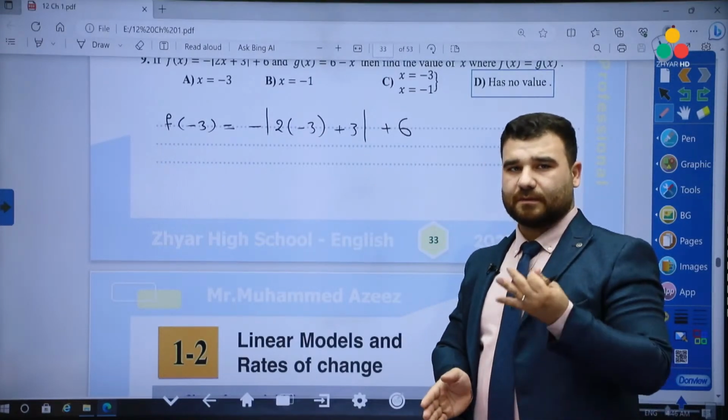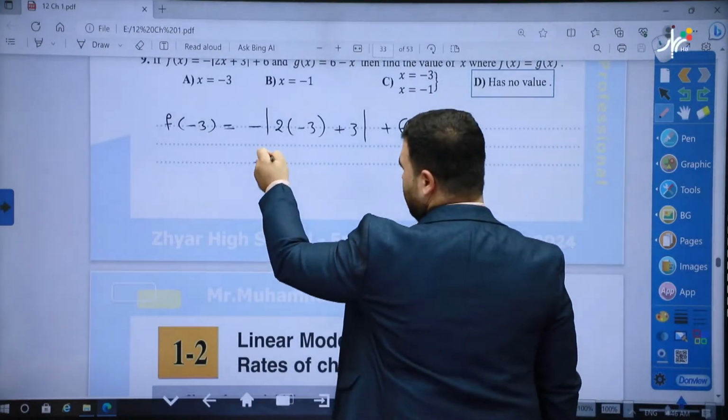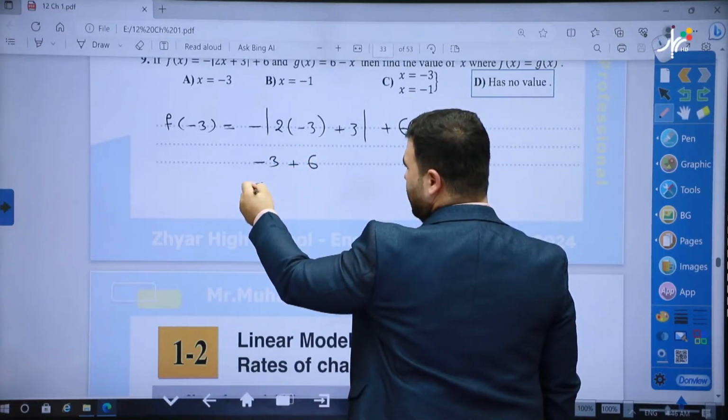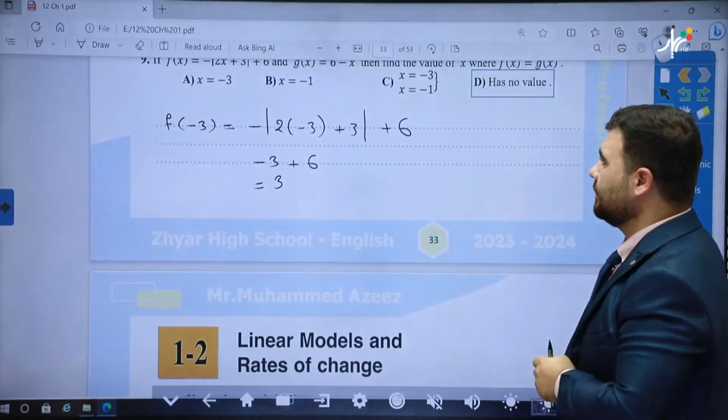Inside absolute value 3, with this negative, negative 3. Plus 6, that is 3. I got 3 for f of negative 3.